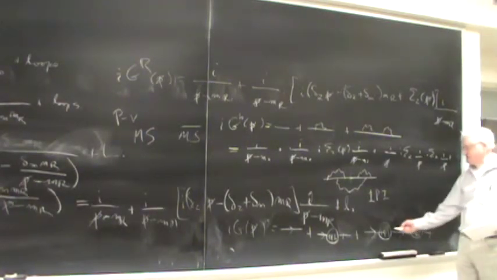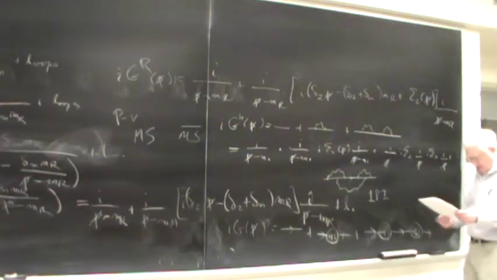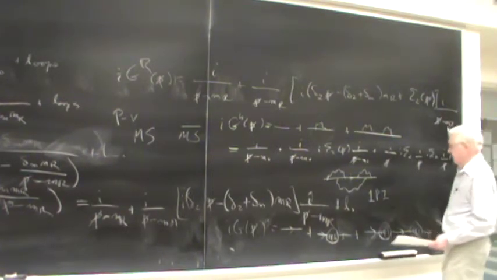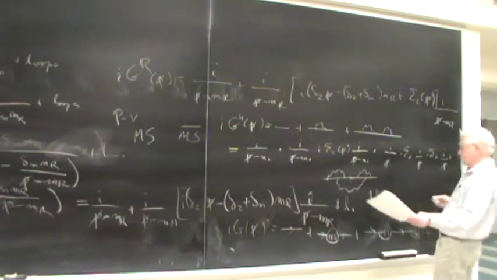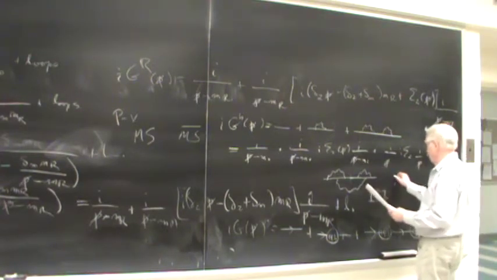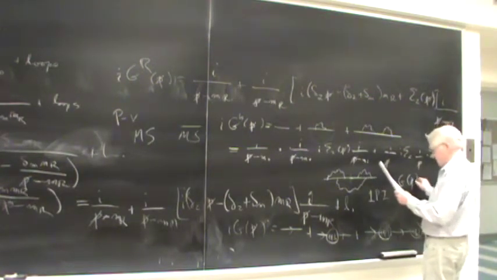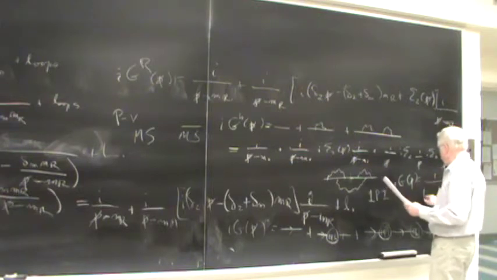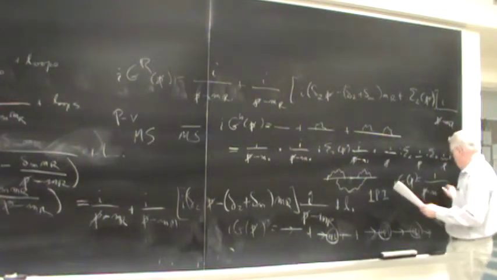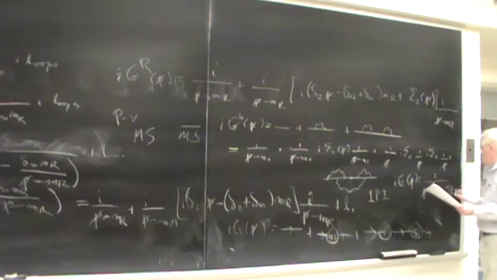So each of these is an infinite sum. And so when you form that geometric series, you'd get that Ig of P slash would be I over P slash minus M plus some sigma of P slash.